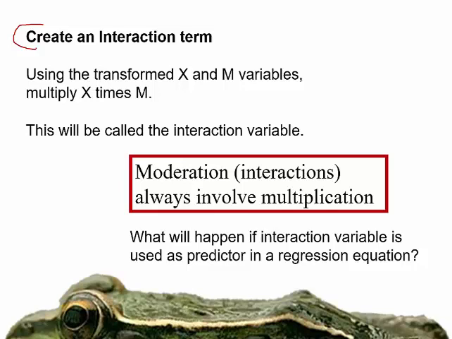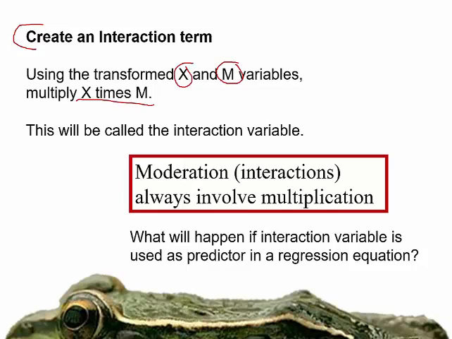So at this point, I have scores on X and Y and the grouping variable, and I'm going to create yet another variable, which I will call my interaction term, and I'm going to create this variable by multiplying together my two predictor scores. So in this case, I have an X variable and a moderator variable, and I'm going to simply multiply them together.